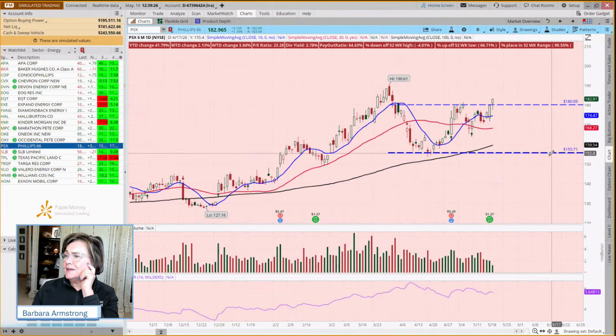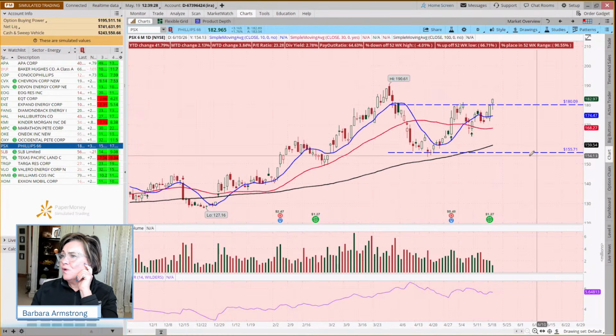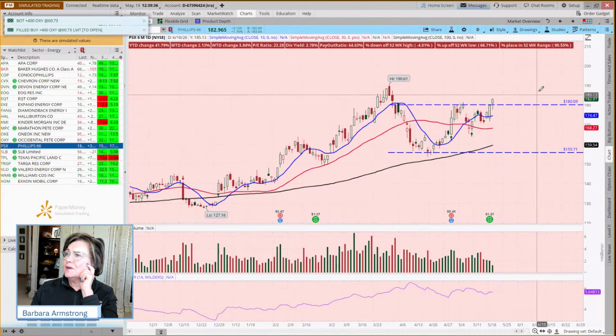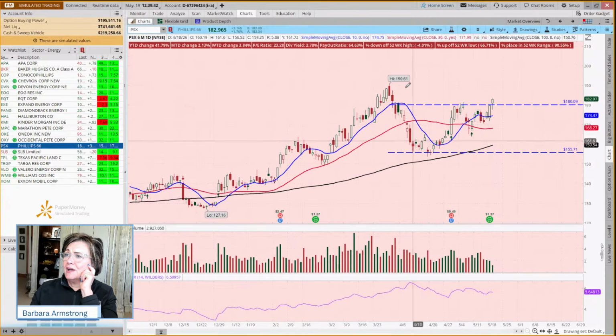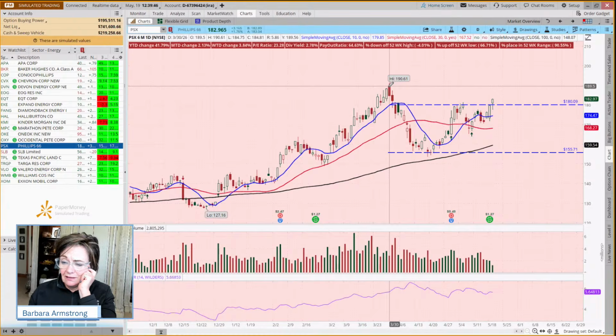And so could we say, well, this went from, say, 155 to 180, so about a $25 move, $24 move. So could we make our target then 204? We could. Could we make our target a swing target of 190? We could. There isn't a right or wrong answer.